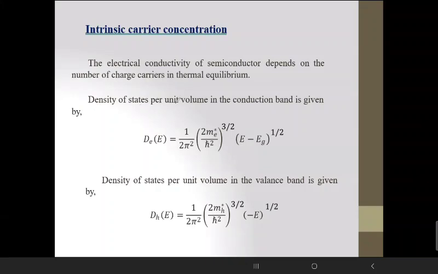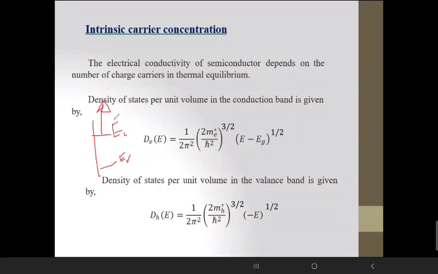So density of states per unit volume in the conduction band is given. There are two bands now. This is conduction band and this is valence band. So electrons are somewhere here.